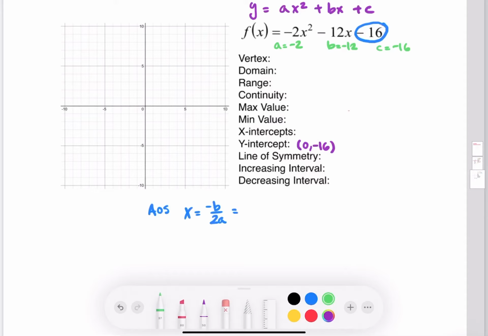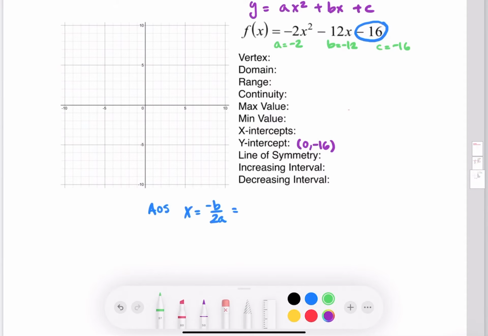Well, we know what b is. b is -12, so -(-12) means +12. Two negatives make a positive. And that's going to be over 2 times a, and a is -2. So if I do the math here, that's going to end up being 12 over -4, and 12 divided by -4 is -3.